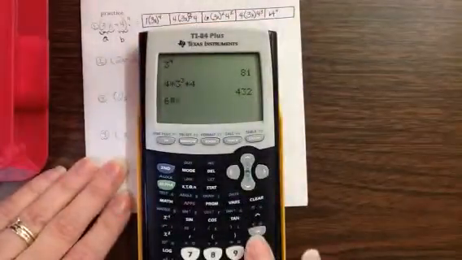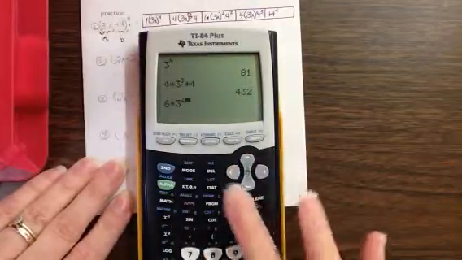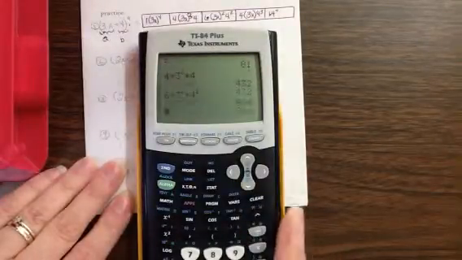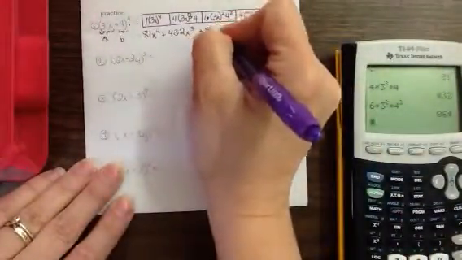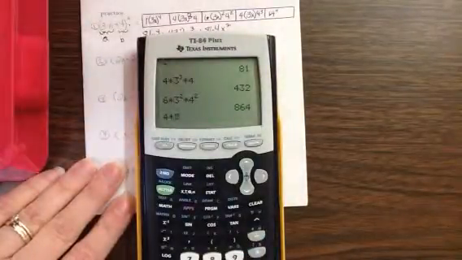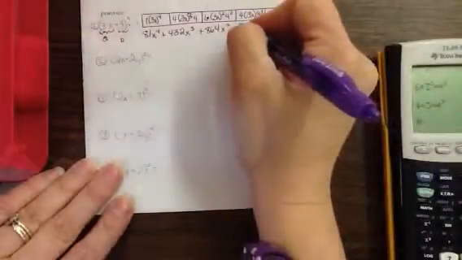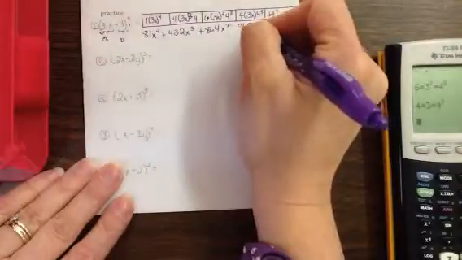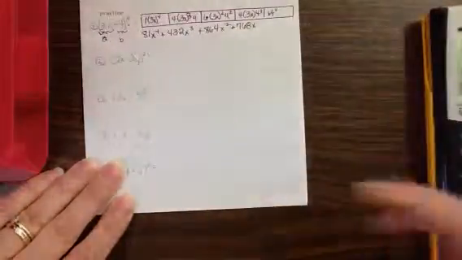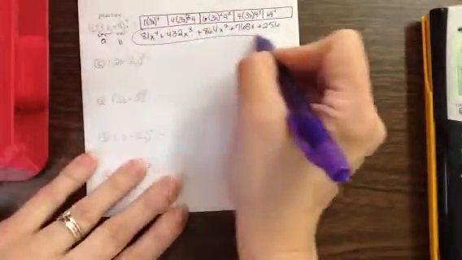And then we have 6 times 3 squared times 4 squared equals 864 x squared. And then 4 times 3 times 4 to the 3rd gives us 768 x, and then 4 to the 4th gives us 256. So that is our answer.